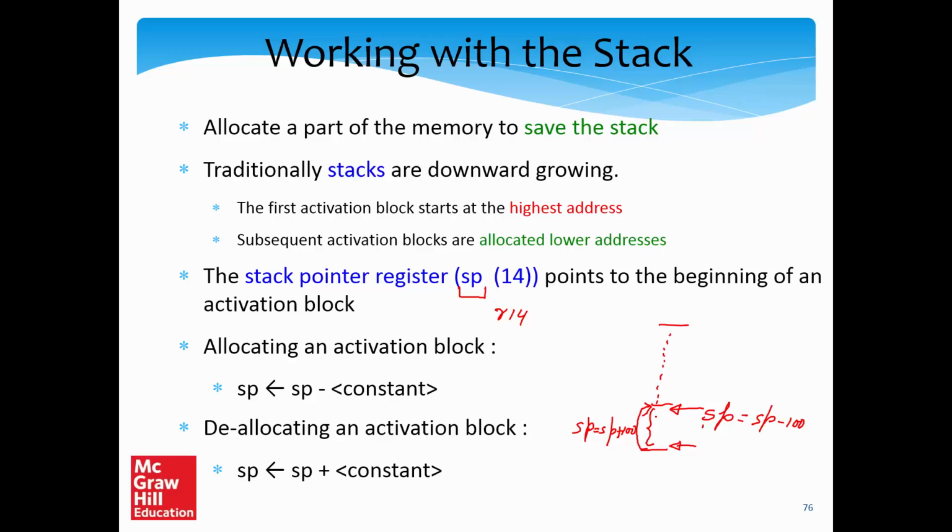Similarly, to deallocate the block, we add the size of the block, which is a constant and is known beforehand, to the stack pointer. So it's very simple. Allocating and deallocating is only a single instruction, which is also what we wanted. So we are using the last in, first out property, which has made our life very simple.